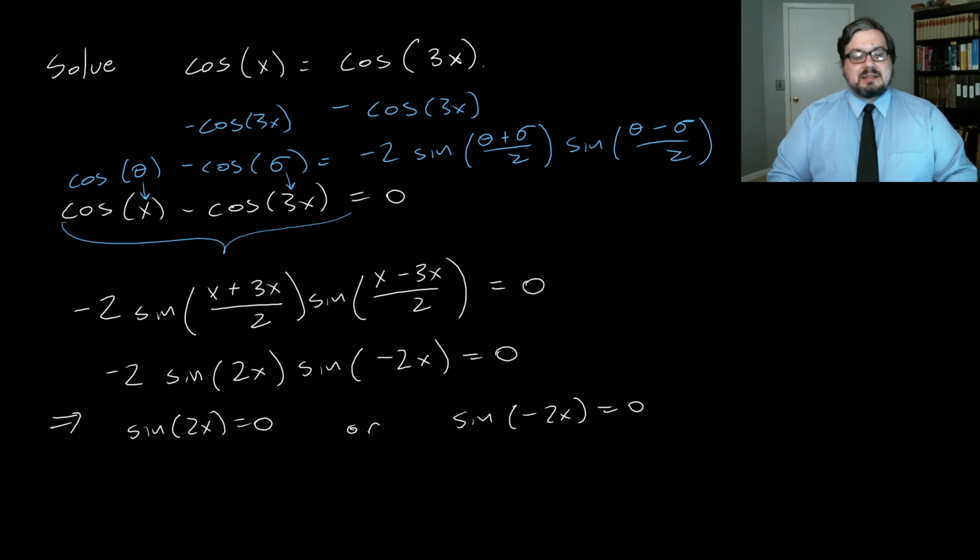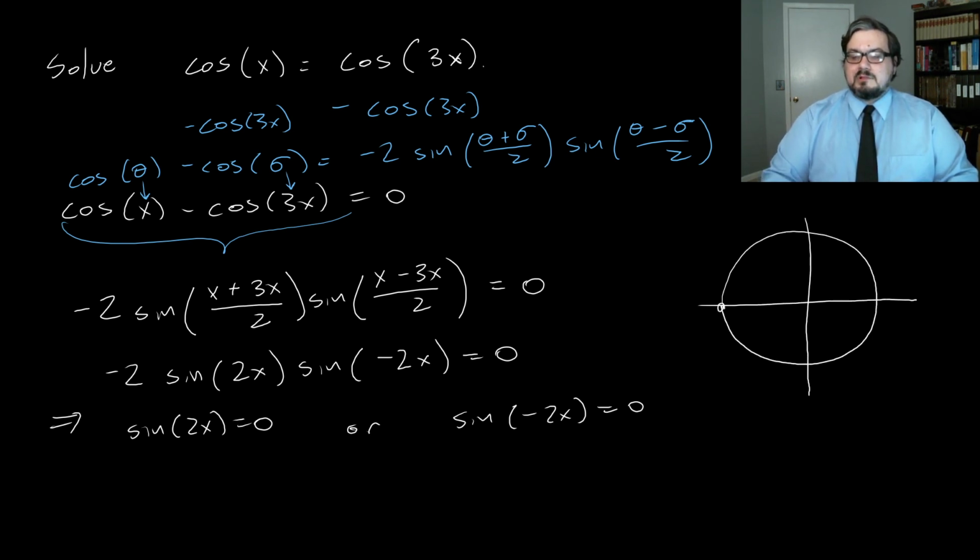Now, sine of 2x equaling 0, we want to know when sine of an angle equals 0. So let's take a look at the unit circle. And we know that sine is going to equal 0 at these 2 points on the unit circle, (1, 0) and (negative 1, 0).